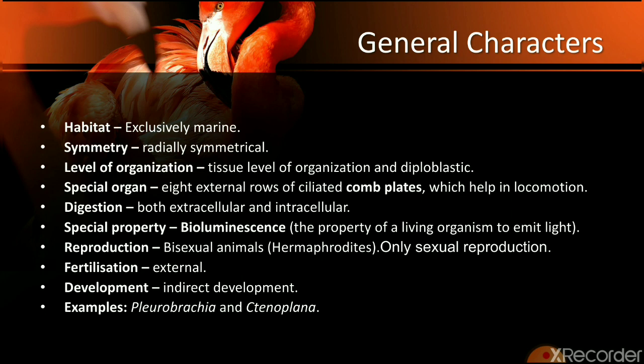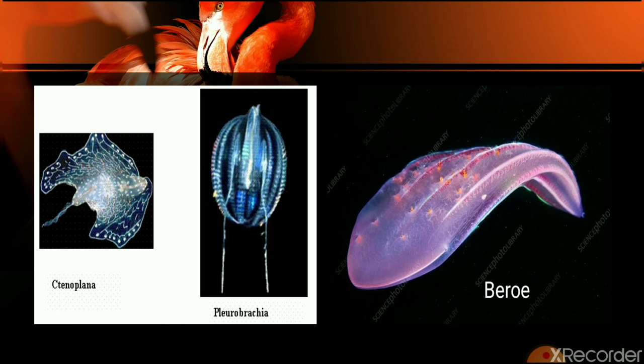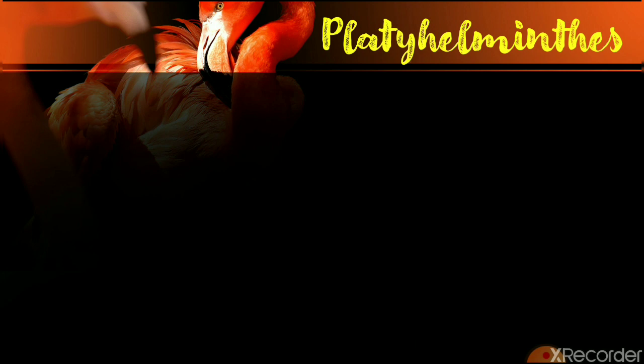In this phylum, fertilization is external and cross fertilization. They show indirect development, meaning a well-developed larval stage is present in the members of this phylum. Some common examples are Pleurobrachia and Ctenoplana and Beroe. Moving on to the next phylum, Phylum Platyhelminthes.